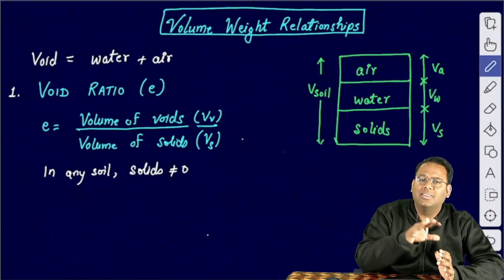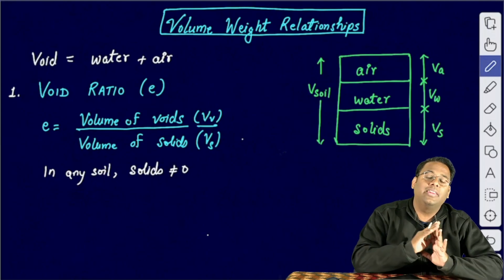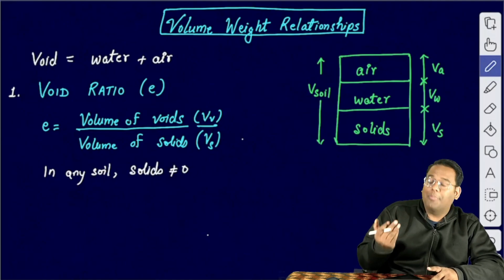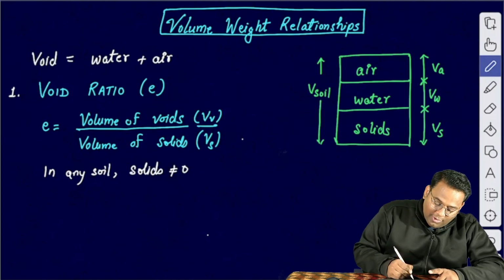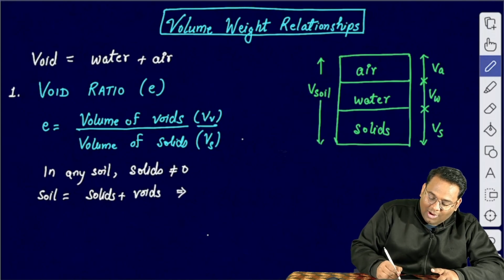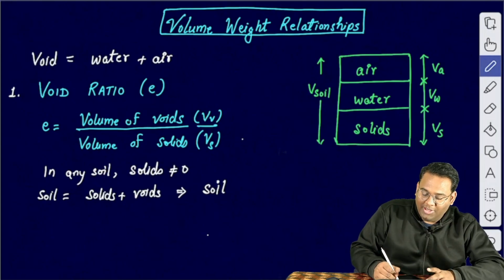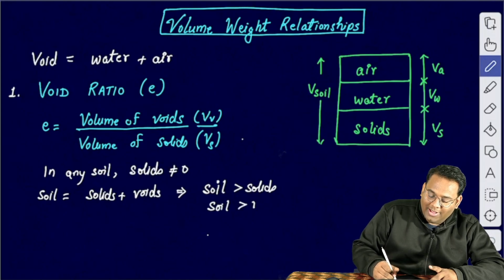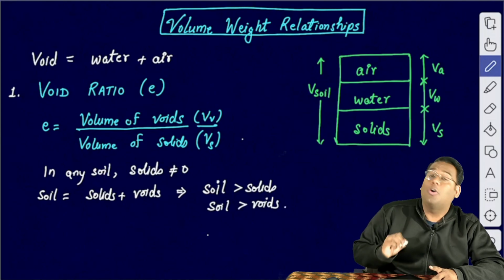That means, obviously, the denominator of this ratio will never be zero for a particular soil. And if I am talking about the total soil, you know that the soil is nothing but the summation of solids plus voids. Yes or no? That means I can always say that the soil will always be more than the solids. Yes or no? And the soil will always be more than the voids also.